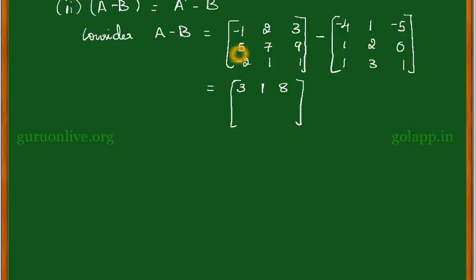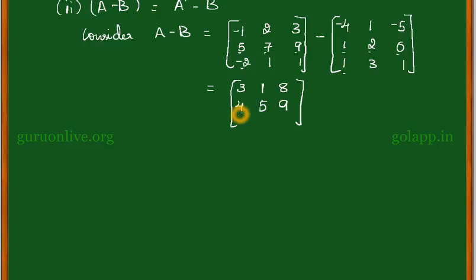Now the second row, first element is 5, corresponding element is 1. So 5 minus 1 is 4. Second element is 7, corresponding element is 2. 7 minus 2 is 5. And the last element in the second row is 9, corresponding element is 0. So 9 minus 0 is 9. And the last row, first element is minus 2, corresponding element is 1.